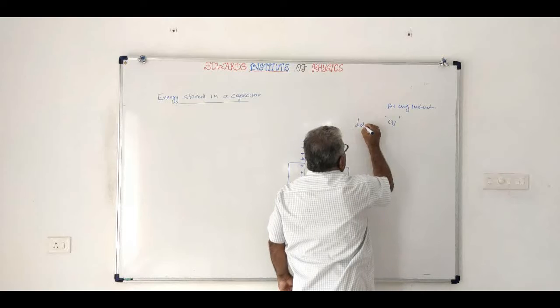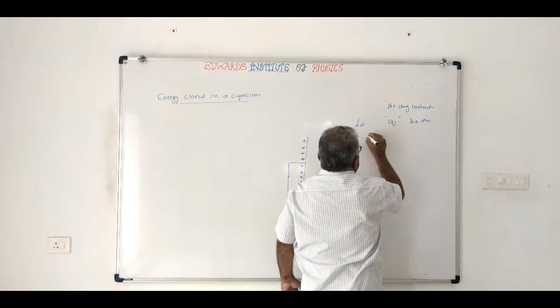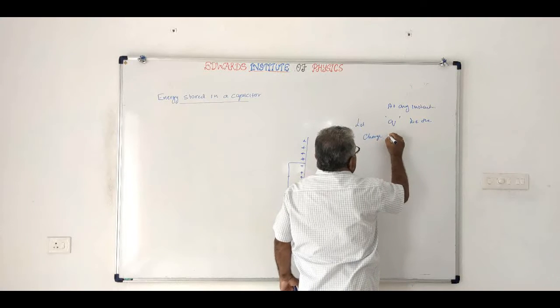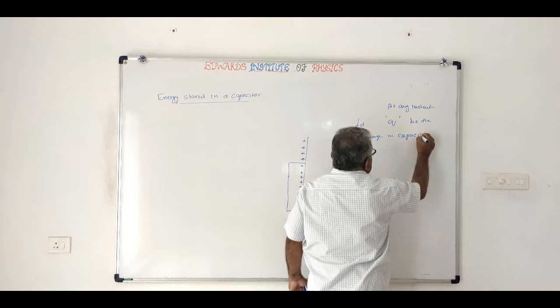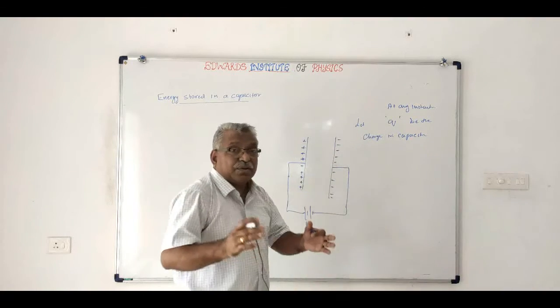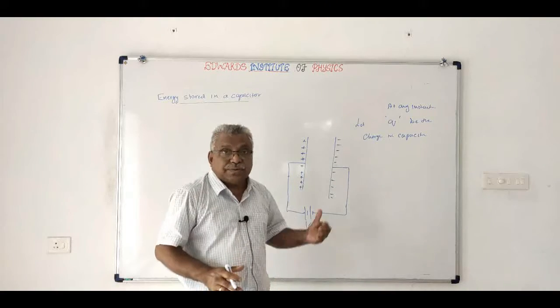Let Q be the charge in the capacitor. So if there are Q charges, then there will be a potential difference between the plates.